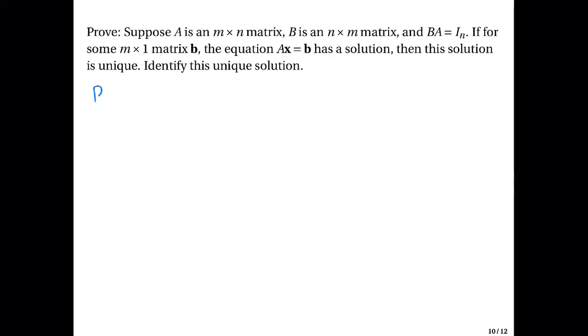Your B, this is an N by M matrix. Your A is an M by N. So if you multiply this, you will get an N by N matrix. That's why, if you look at this, the subscript is N. The subscript here we put because, well, there is M also in here.